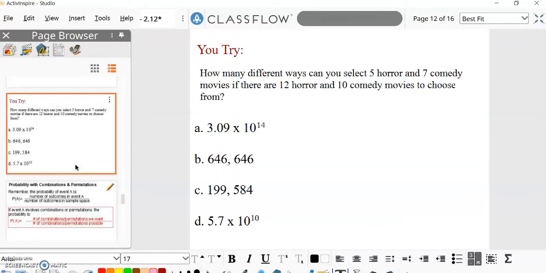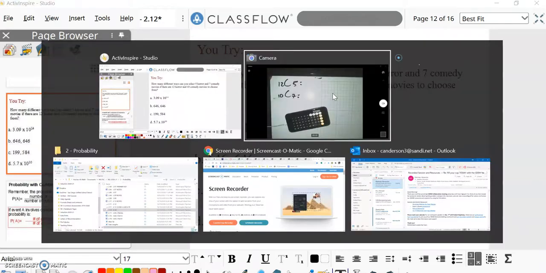Okay, we have a Try. So we have 5 horror out of 12, 7 comedy out of 10. So I'm going to write this down real quick. 12C5 and 10C7.